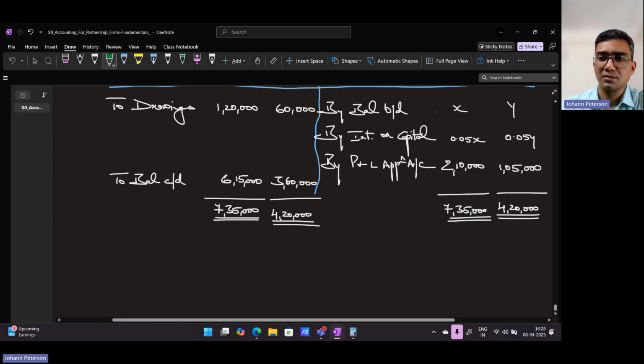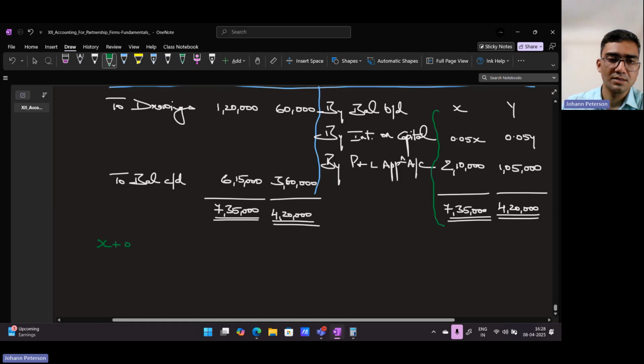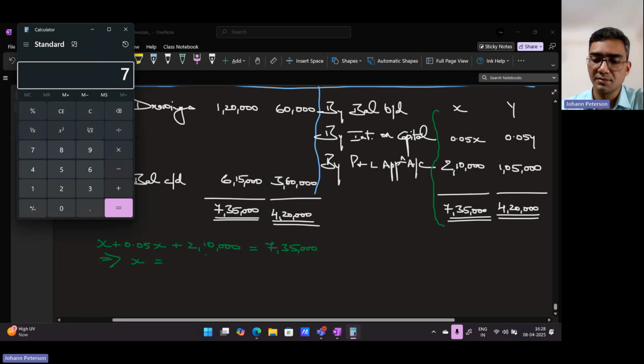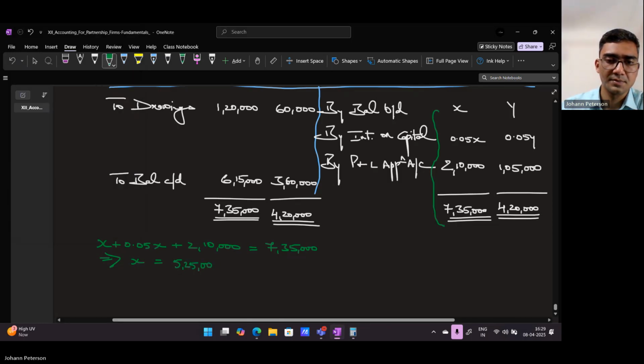So we can say, looking at only this portion, X plus 0.05X plus 2,10,000 equals 7,35,000, which implies X equals 735 minus 210, which is 525 upon 1.05.